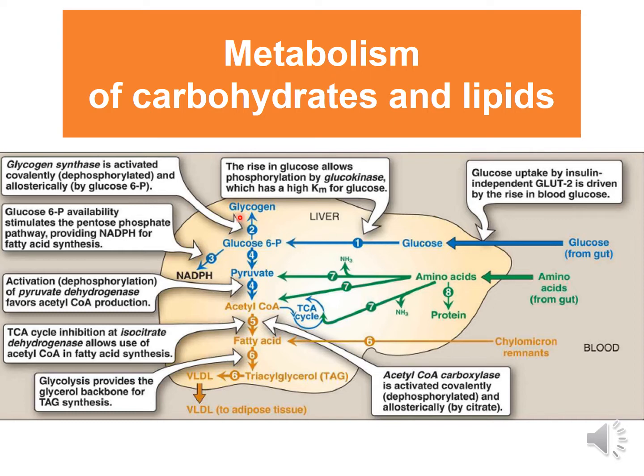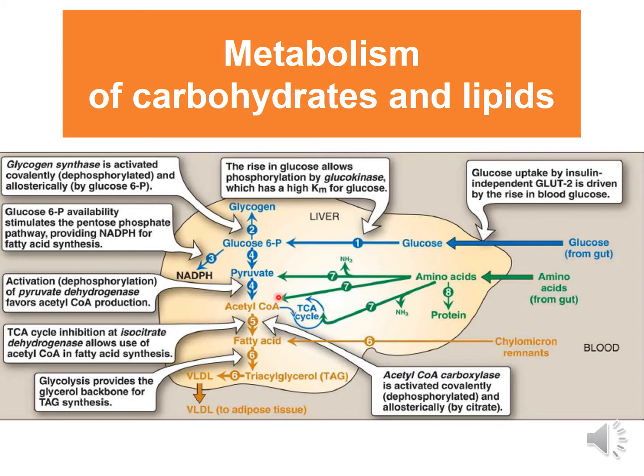Glycogen synthase is activated covalently, by dephosphorylation, and allosterically by glucose 6-phosphate, and glucose 6-phosphate availability stimulates the pentose phosphate pathway, providing NADPH for fatty acid synthesis, and activation of pyruvate dehydrogenase favors acetyl-CoA production.